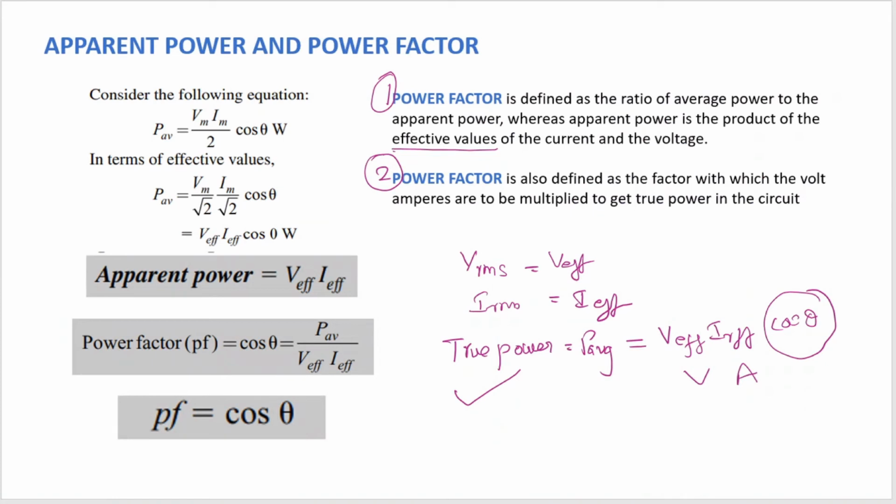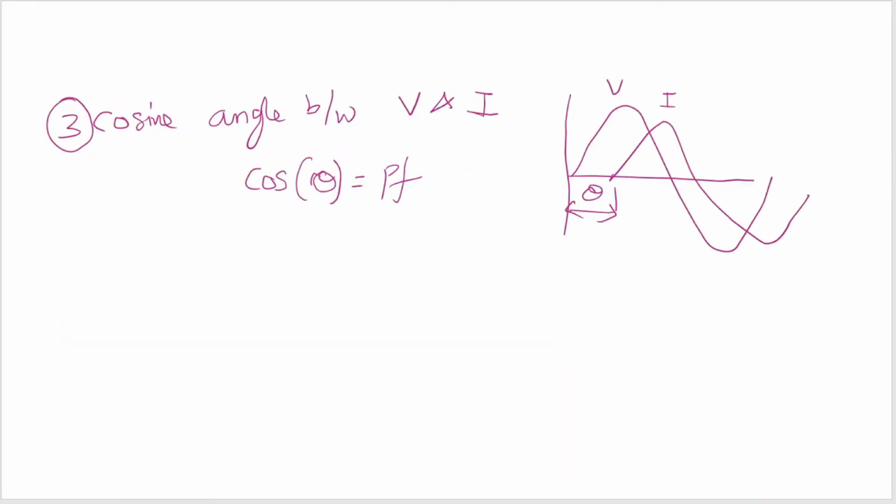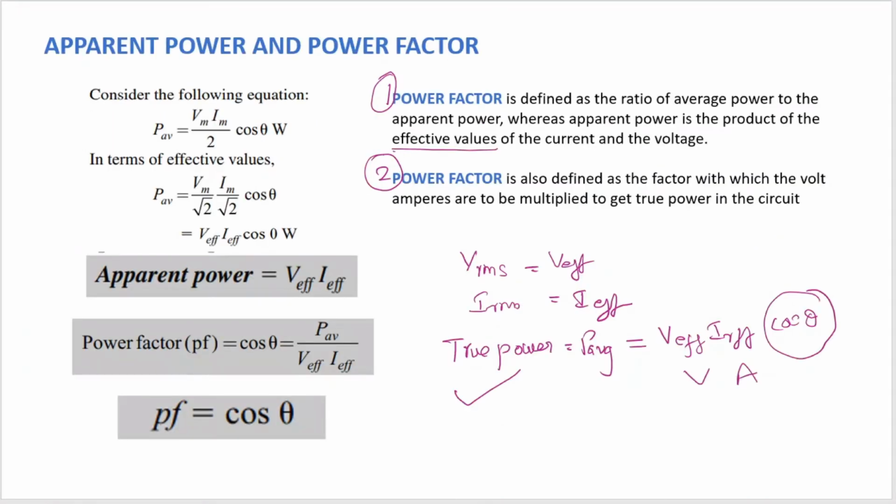Do remember these three definitions. It is the cosine of the angle between the voltage and current waveform, and the ratio of average power to apparent power, or the factor with which the volt amperes are to be multiplied to get true power. Is it clear up to now?